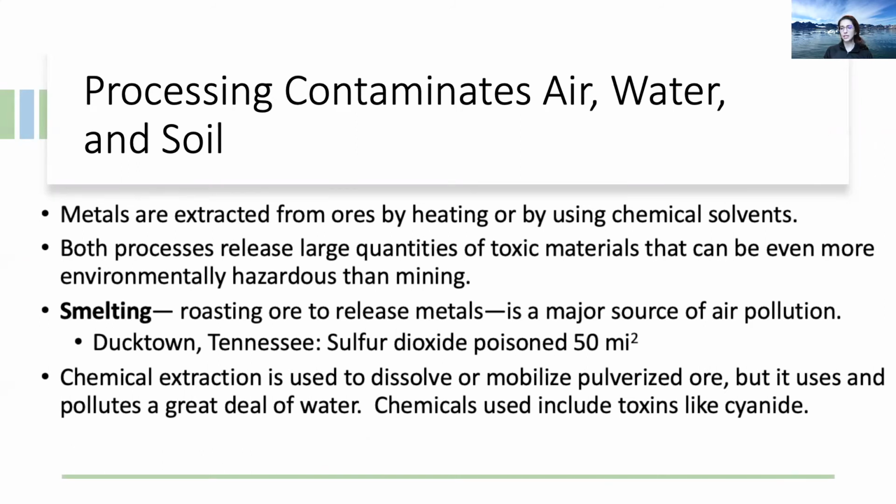We also see this in Ducktown, Tennessee, where sulfur dioxide poisoned about 50 square miles. In this area, where smelting was taking place, there were dense clouds of sulfur dioxide released from the sulfide ores that were being smelted, and that poisoned the vegetation and also acidified the soil.